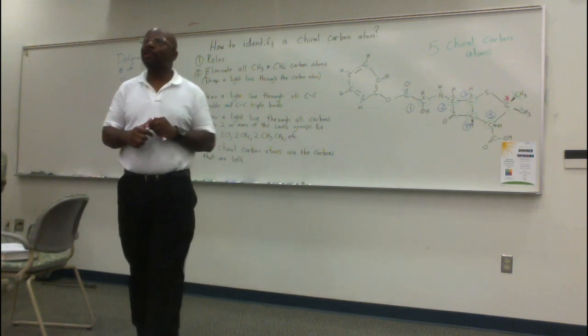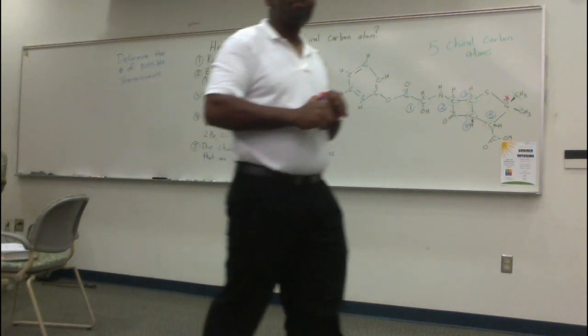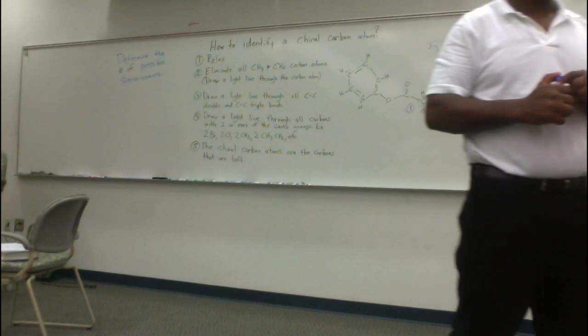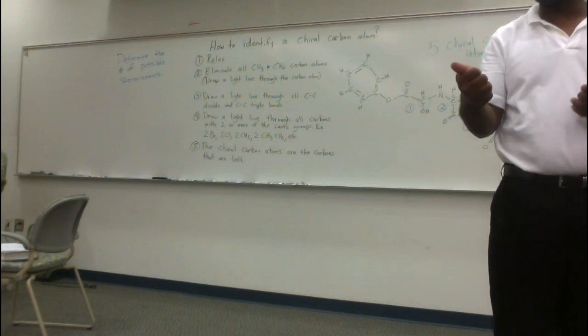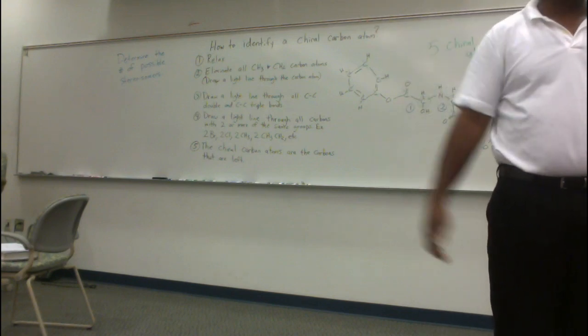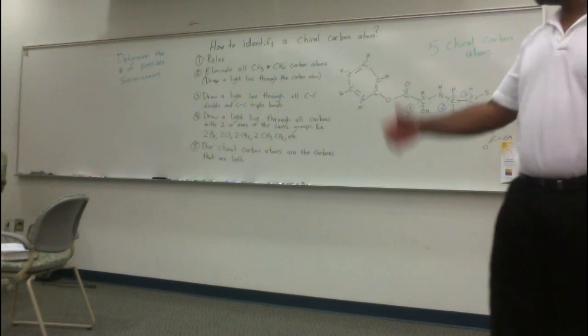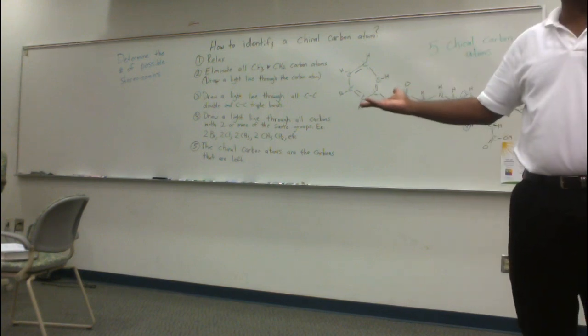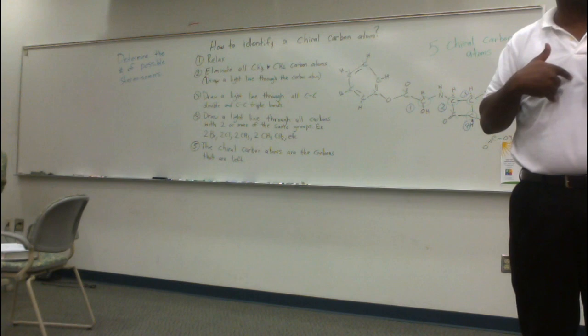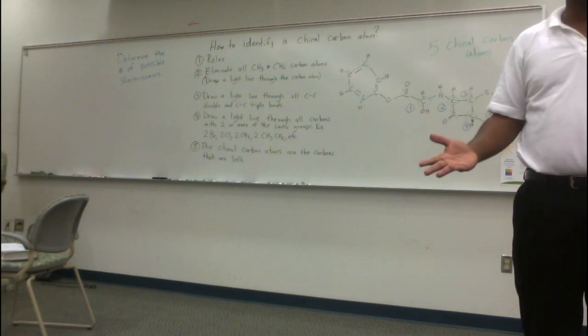Before I determine the number of possible stereoisomers, I must define something first. What do I need to define first? What's a stereoisomer? How can I determine the number of stereoisomers if I don't know what a stereoisomer is?